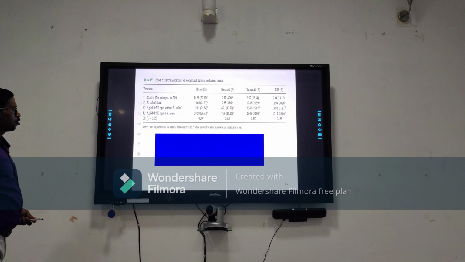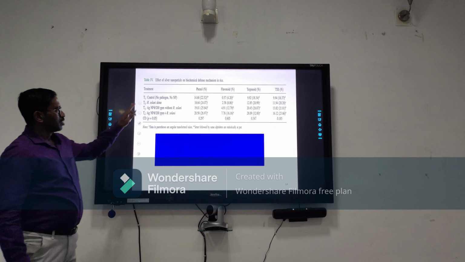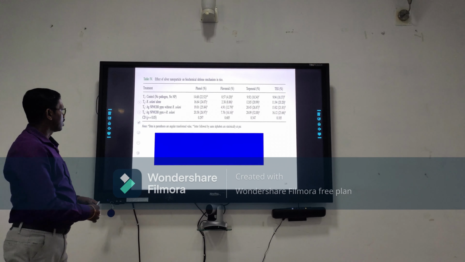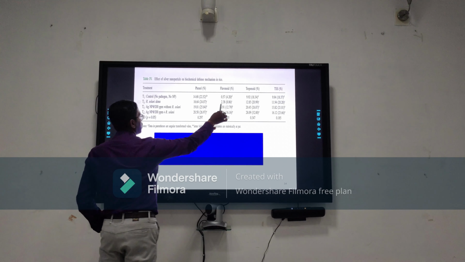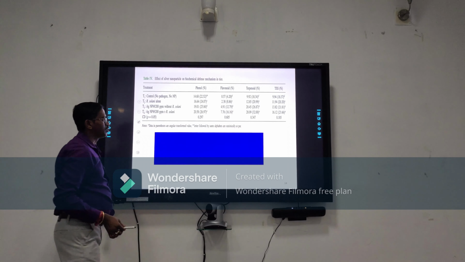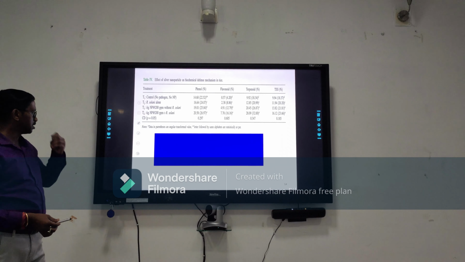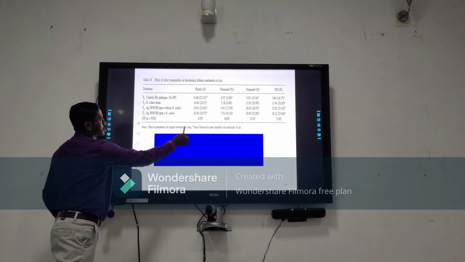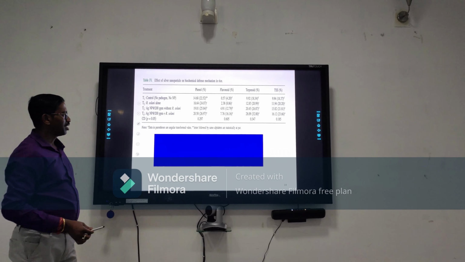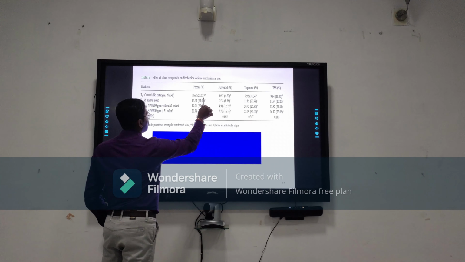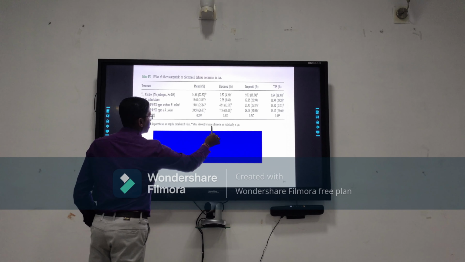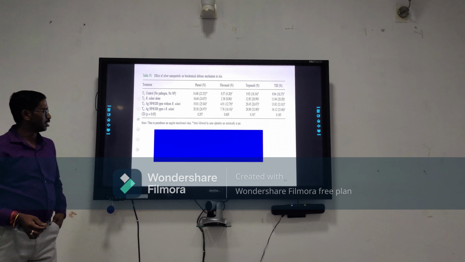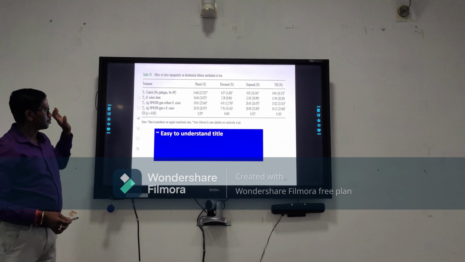This is another example of a table. This is nicely prepared. Here the author has mentioned the meaning of the values within parentheses. That means these are the angular transformed values of the data. And they have also mentioned the meaning of the superscript alphabet: letters followed by the same alphabet are statistically at par.